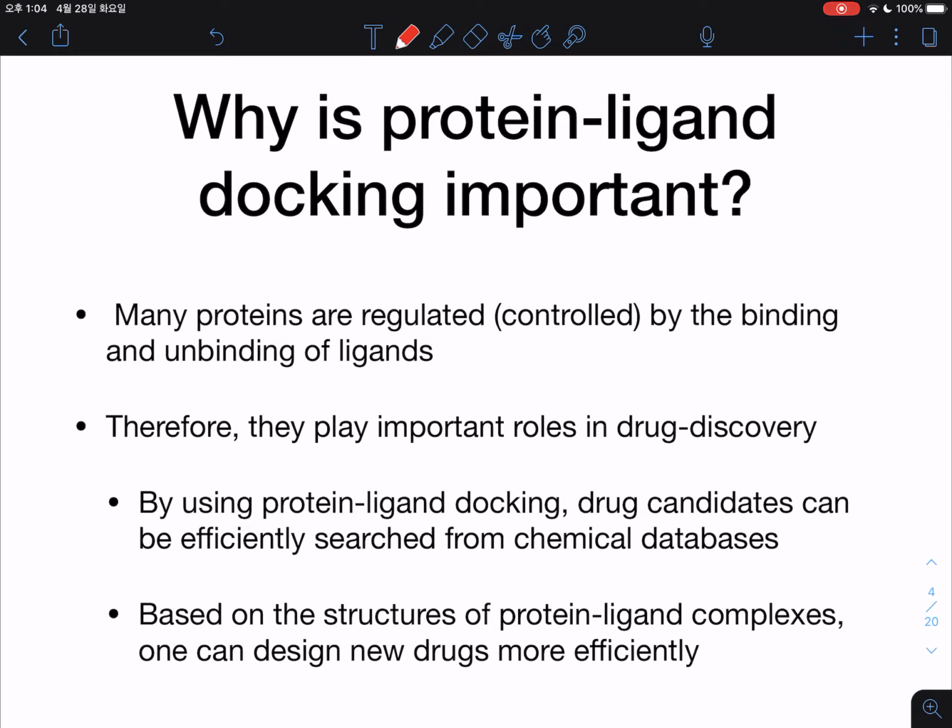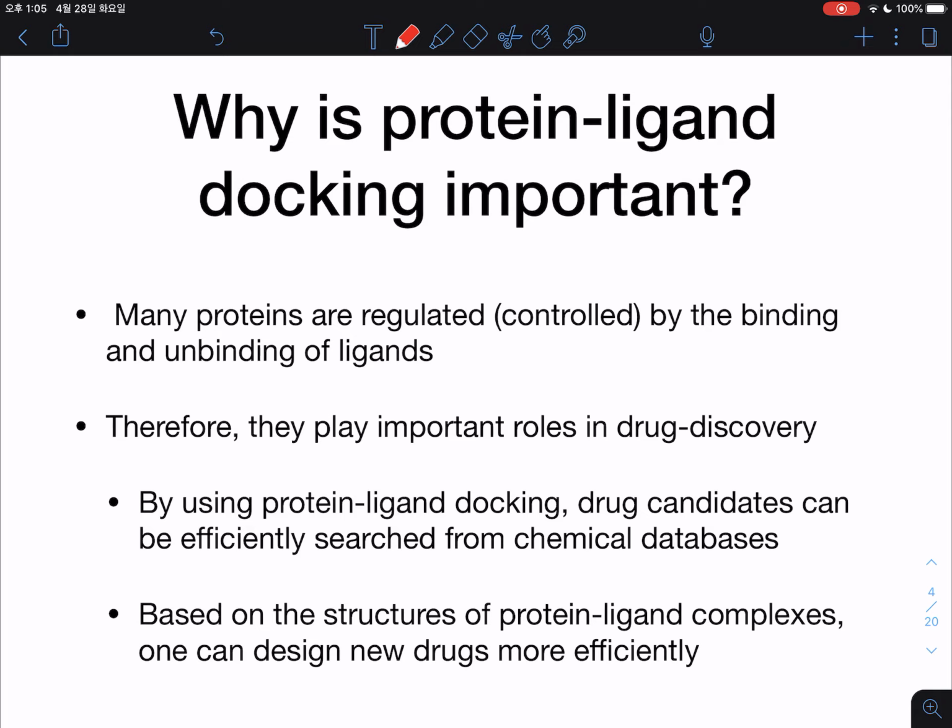Most drugs we take every day are actually ligands. When those drugs are absorbed into your body and then into the cells, they somehow bind to their target proteins.